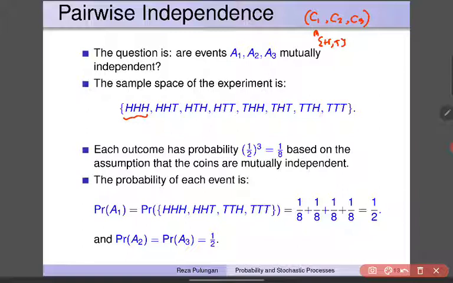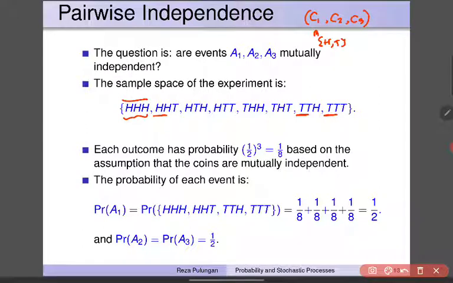Therefore, let's look at the events right now. Event A1 happens when the result of the first coin and the second coin are the same. When does it happen? Well, it happens in this outcome, for example, also in this outcome, and also in this outcome, so both produce tail, and also in this outcome.